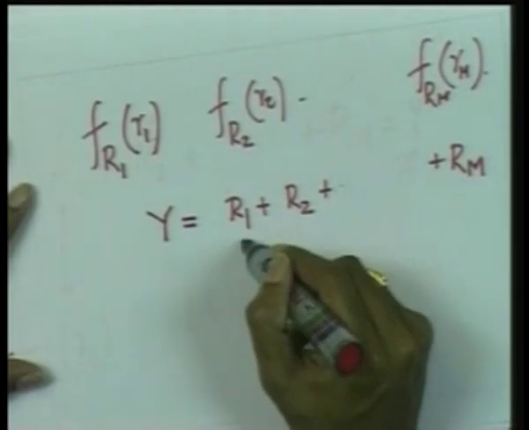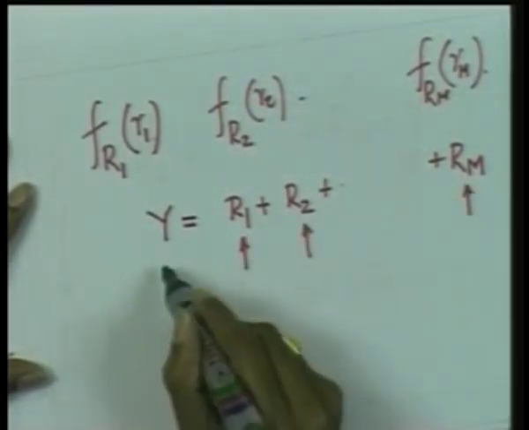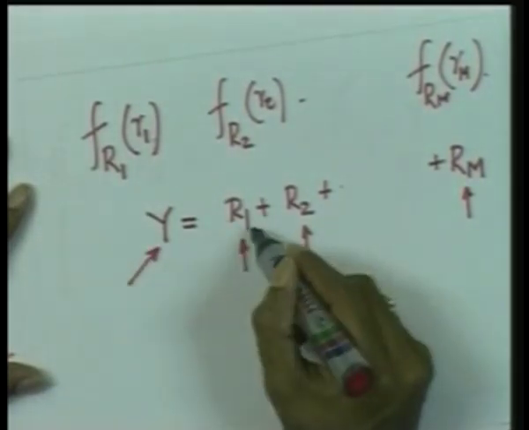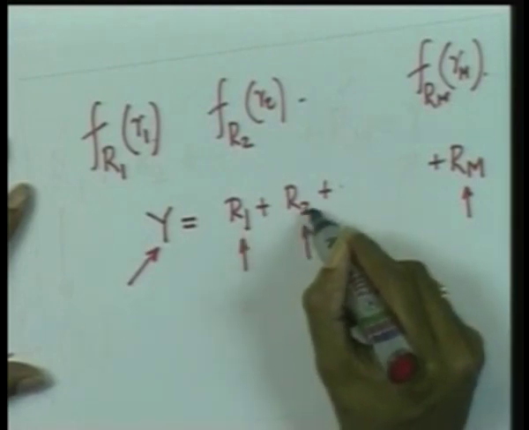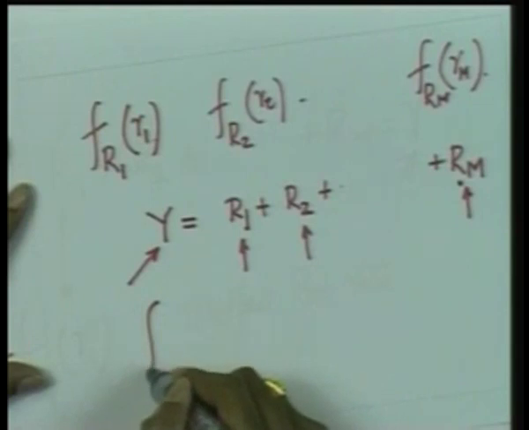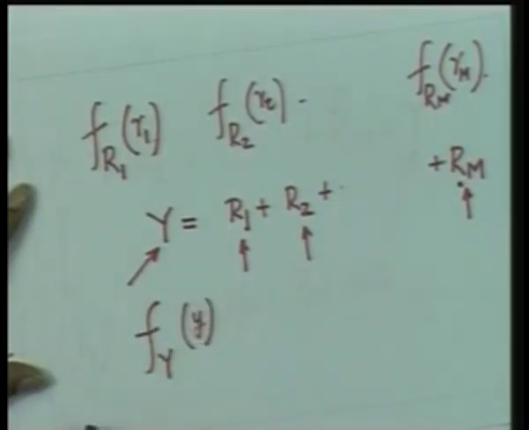Given the density function of each individual user, the network can determine the density function of Y by a simple convolution of the density functions of these individual bit rates. So the network can determine what is FY(y).